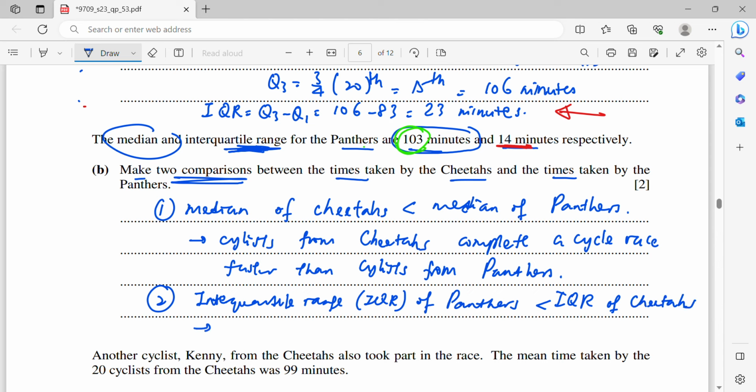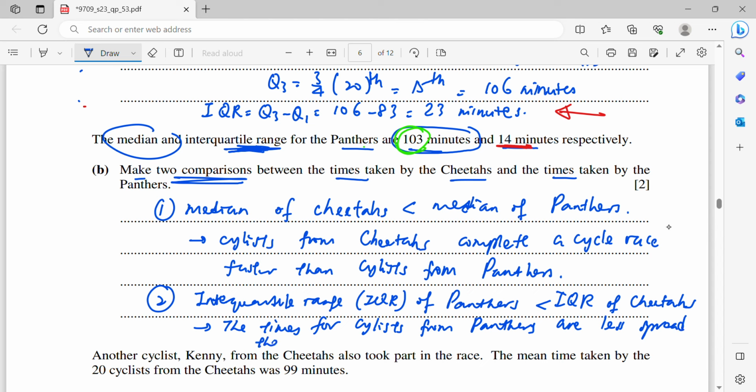Okay, it means the times for cyclists from panthers are less spread, because the interquartile range is the measure of the spread.